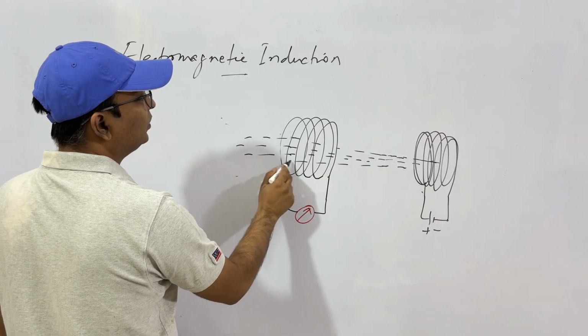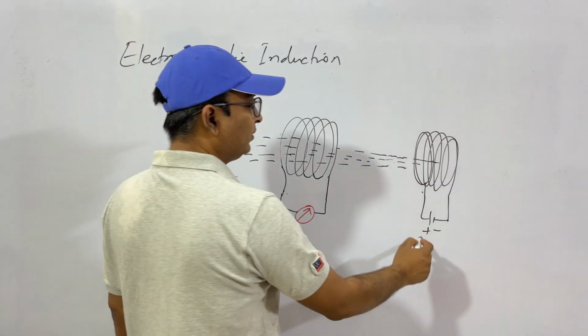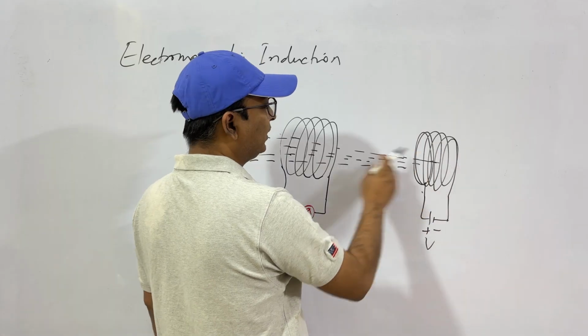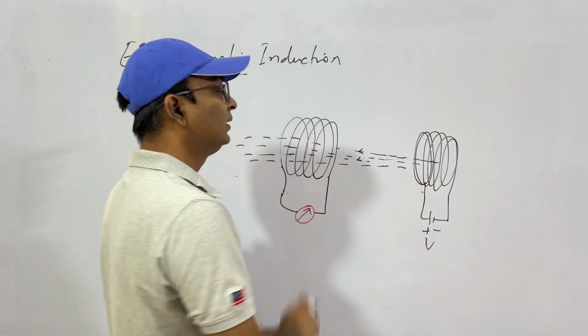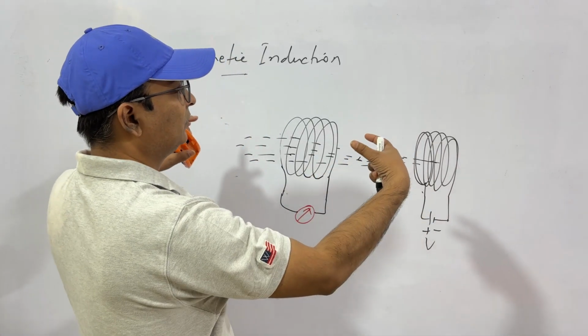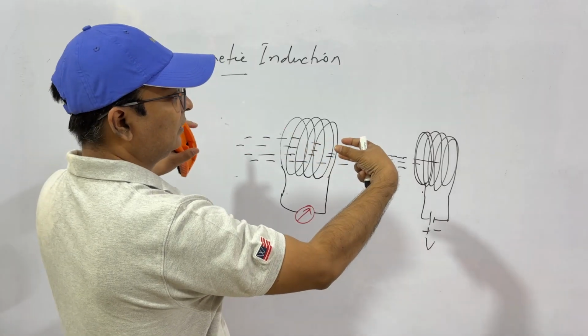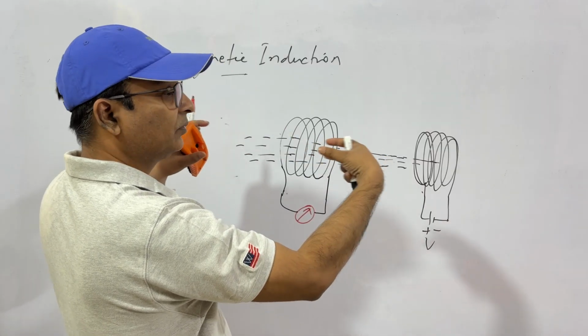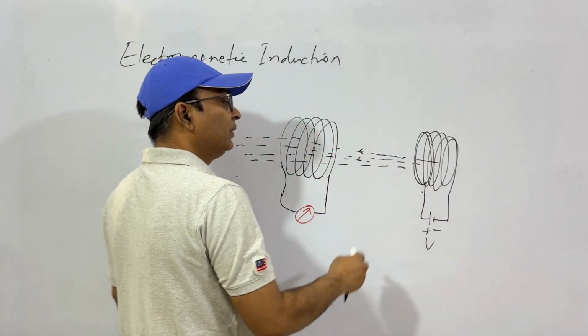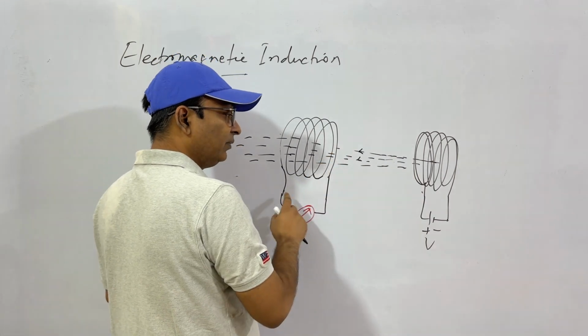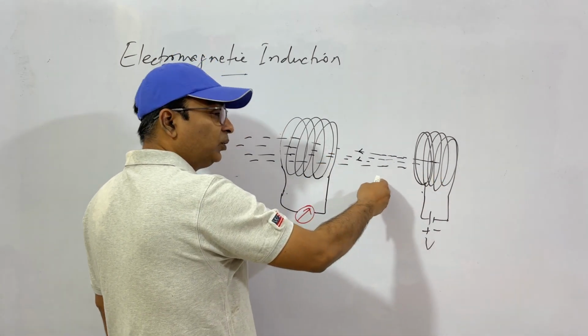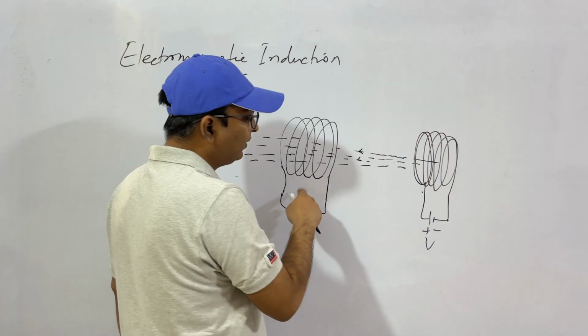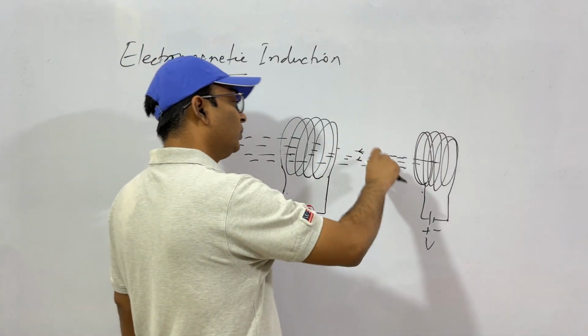So if you have a battery connected to a coil, a magnetic field will be created. Now if the centers of both coils are kept in front of each other, you have a magnetic field but you won't find any deflection. But if you move it towards or away from the other coil, you'll see a deflection. That is what it is doing.